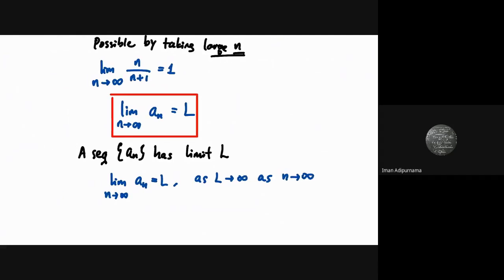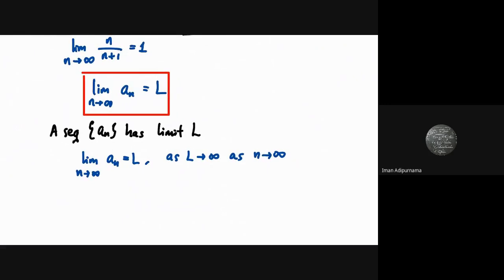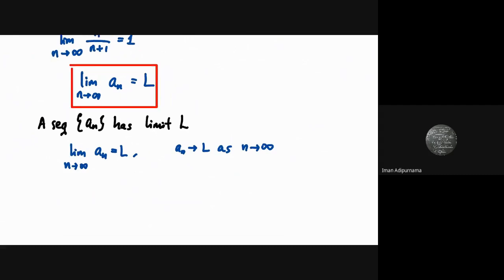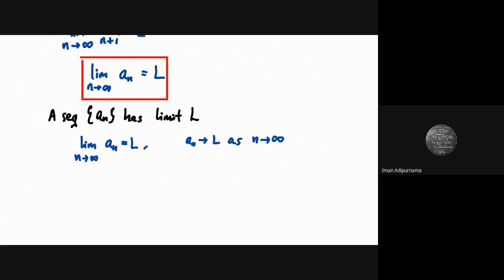How to read the notation is: as an approaching L, an approaching L as n approaching infinity.